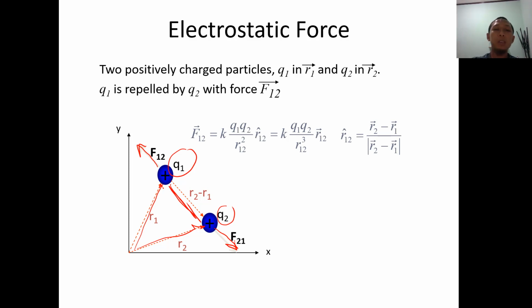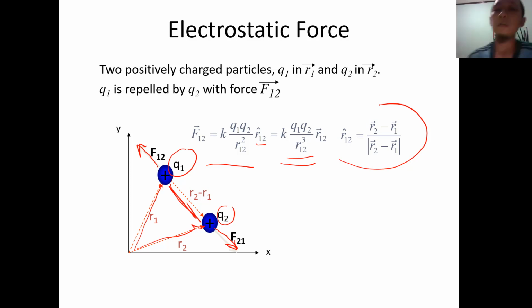So F12 is k multiplied by Q1 Q2 over r12 squared, times r12 hat. We can use this in vector form, where r12 hat is (r2 minus r1) over the magnitude of (r2 minus r1).